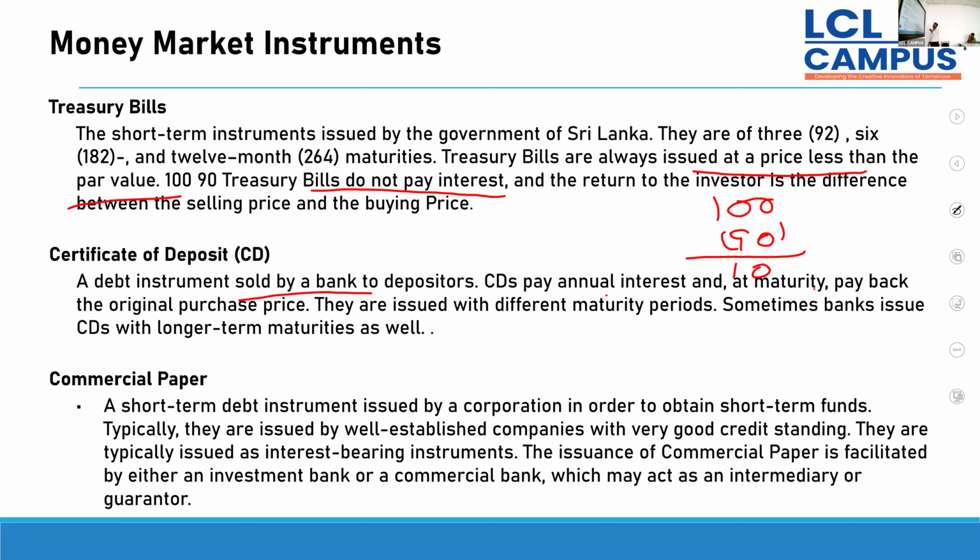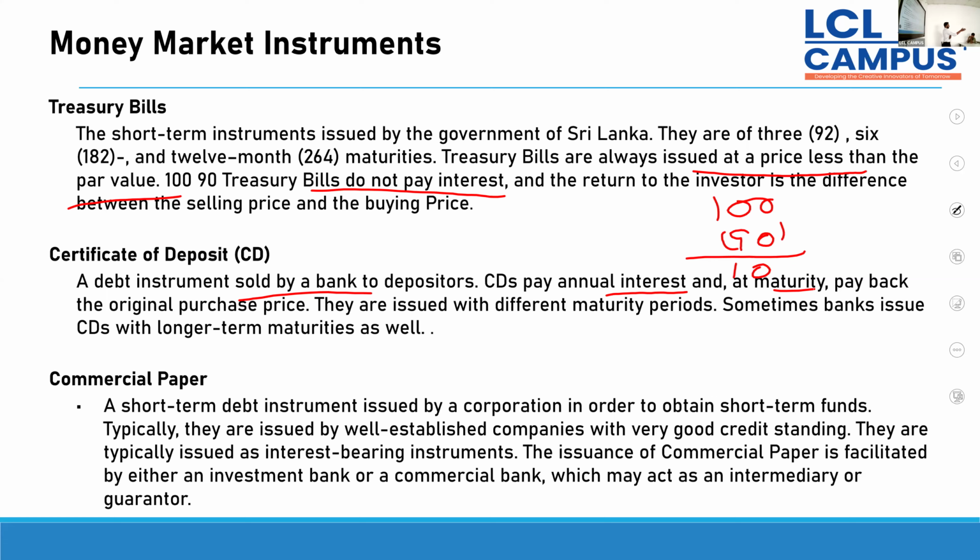Annual interest, and at maturity it pays back the original purchase price as well. If you place a fixed deposit, they will issue a certificate as well as give you the interest annually. At maturity, you get the principal as a repayment, right?